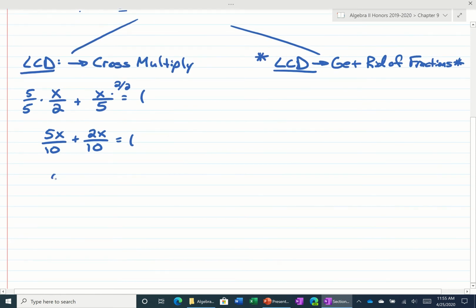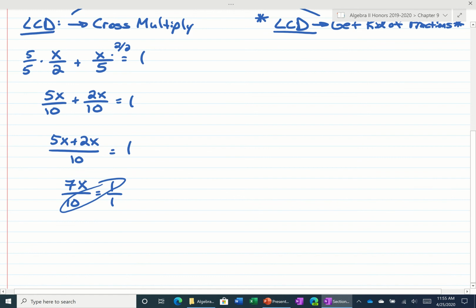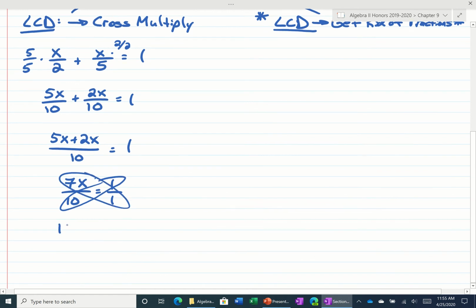Combine the top, 5x plus 2x over 10 is equal to 1. So that's 7x over 10 is equal to 1. We can make this into a proportion and cross multiply to solve. 10 times 1 is 10, 7x times 1 is 7x, so x would equal 10 over 7.